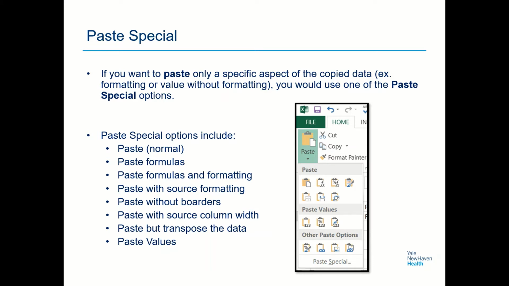So if I wanted to copy the formula along with the number, if I wanted to copy the formula and the formatting, if I wanted to paste it with the source formatting, with where it came from, all of the formatting, if I wanted to paste without borders, if I wanted to paste the source column width, paste but transpose the data, paste the values. There's so many different ways that you could cut and paste. And I'll show you a few examples of that in just a moment.